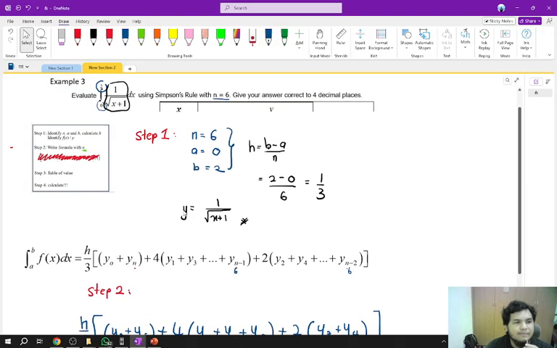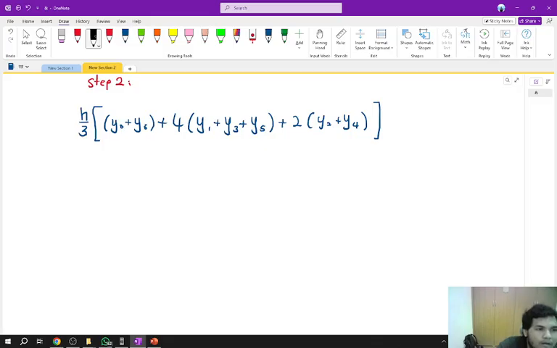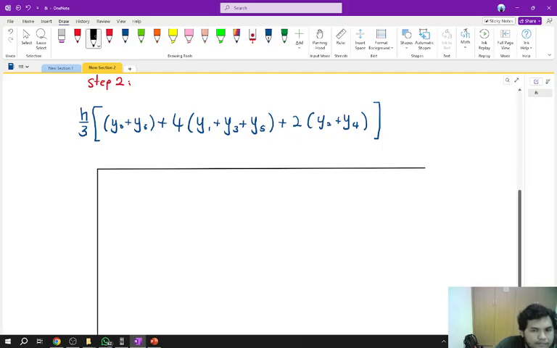Now we go for step number 3: we have to create a table of values for Simpson's equation. We must have at least 4 columns, 3 columns for y and 1 column for x.